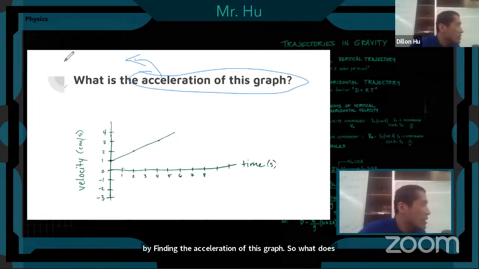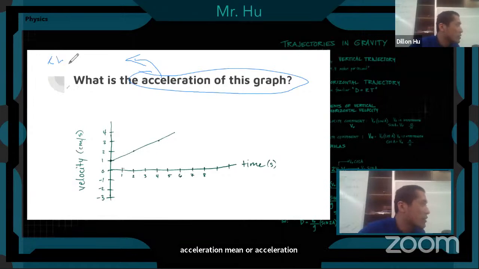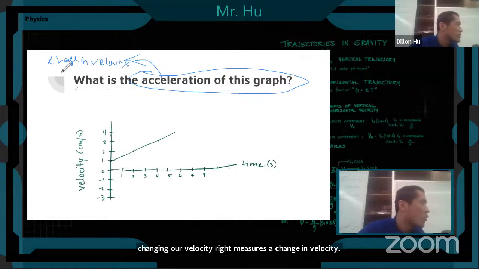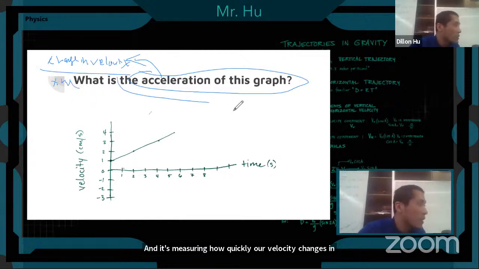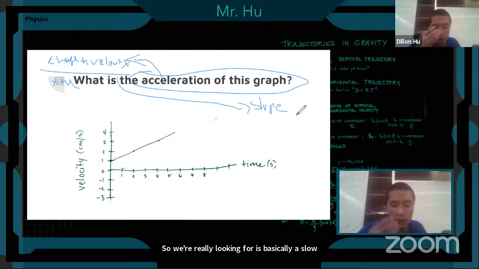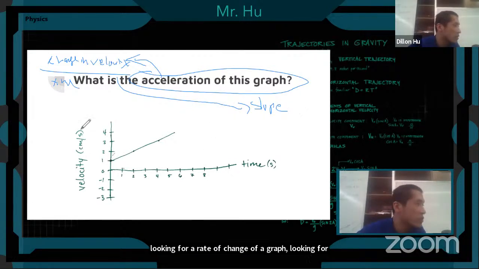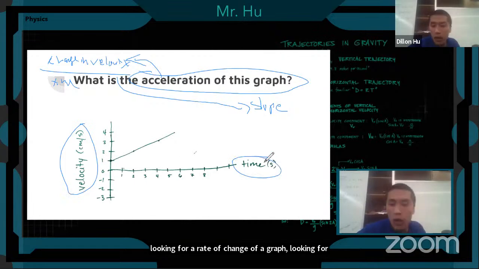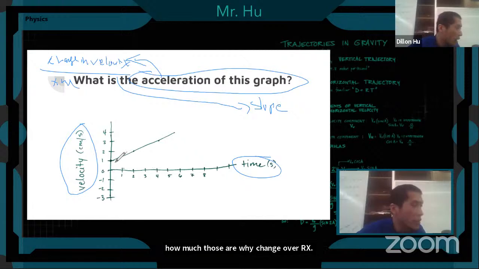Our acceleration is our change in velocity, right? It measures how quickly our velocity changes over time. So what we're really looking for is basically a slope. We're looking for a rate of change of a graph: how much our y changes over our x. In this particular graph, every 2 seconds, our velocity changes by 1.